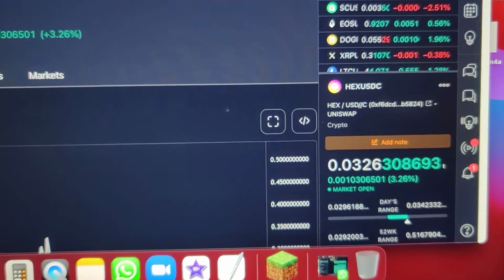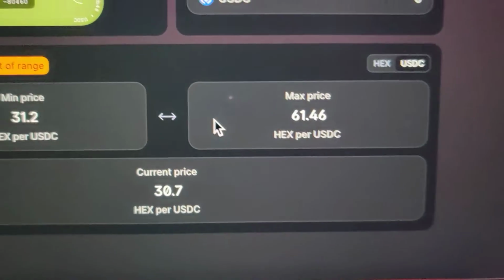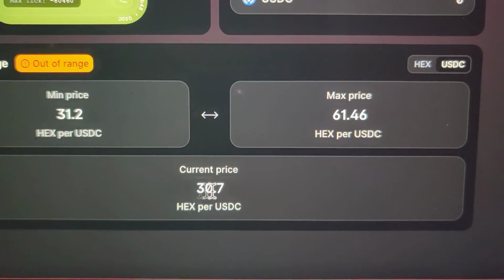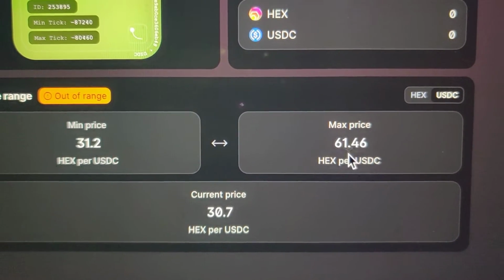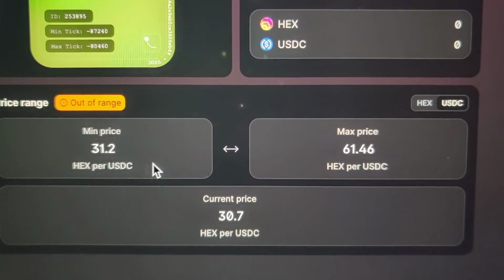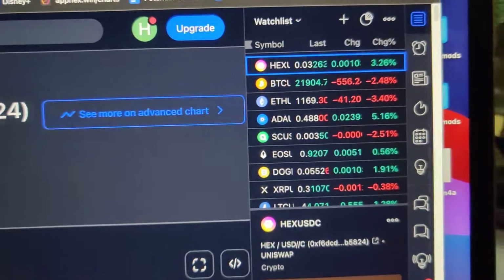Now, just because I'm providing liquidity doesn't mean that the price will hit in my range. It might not drop. I might have just barely missed the bottom of the chart, and it might go up from here.